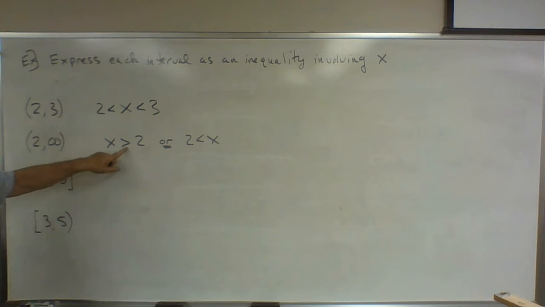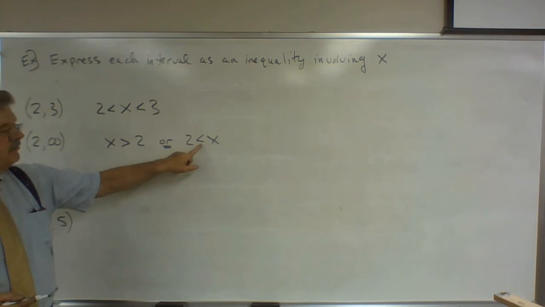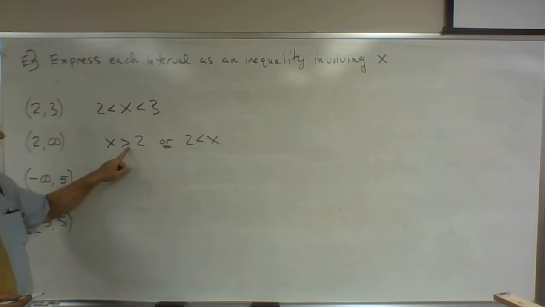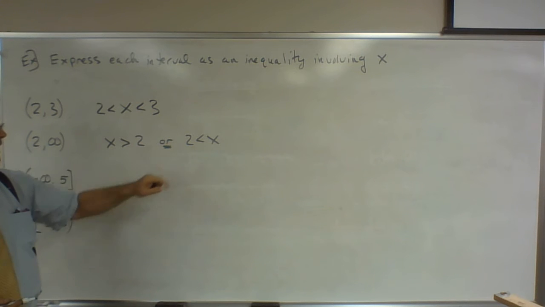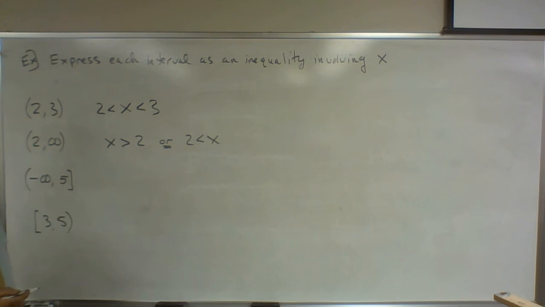So this is not greater than or equal to, this is not less than or equal to. It's greater than or less than. X can't be equal to 2. Now compare that to this. X can be any real number between negative infinity and 5. So in other words, x is less than 5.